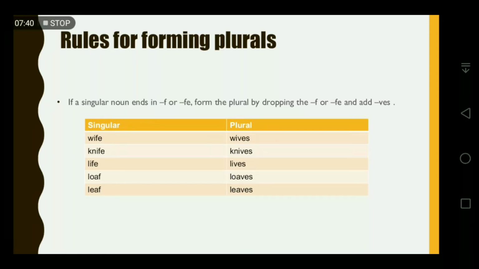Clear? Look at the first one, wife. At the end of the word, fe is there. So to make it plural, I remove the letters fe. Then I add ves, like life, lives, loaf, loaves. In the word loaf, f is at the end of the word, so I just remove the letter f and add ves.